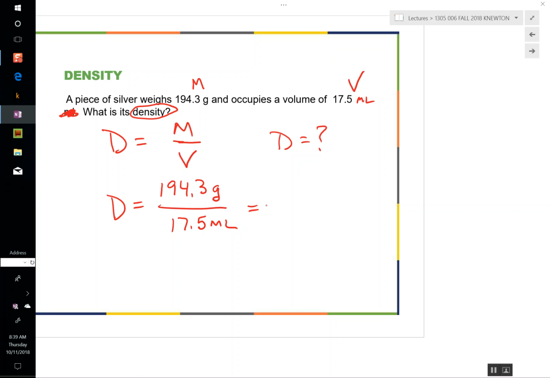This 17.5 has 3 significant figures. And that's going to limit the answer. So what's the answer? 11.1 what? Grams over milliliter. Grams per milliliter. Okay? So 11.1 is partial credit. 11.1 grams per milliliter is full credit. Got to have the number and the units and the right significant figures.